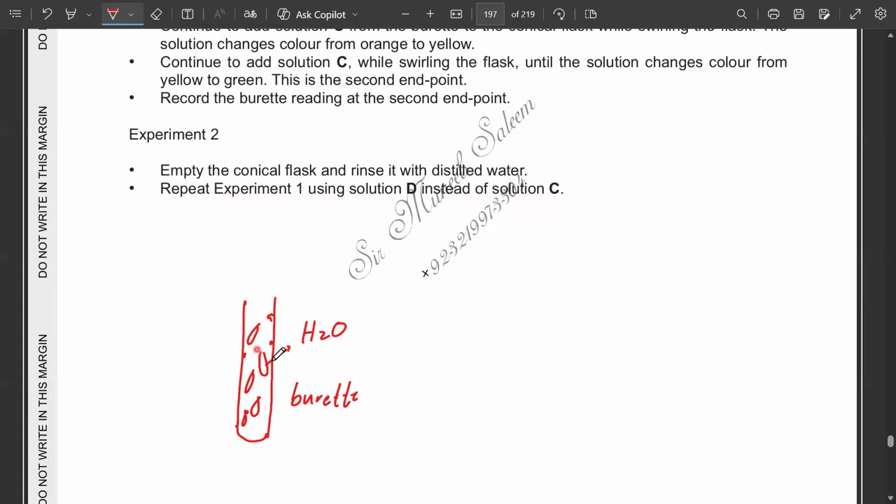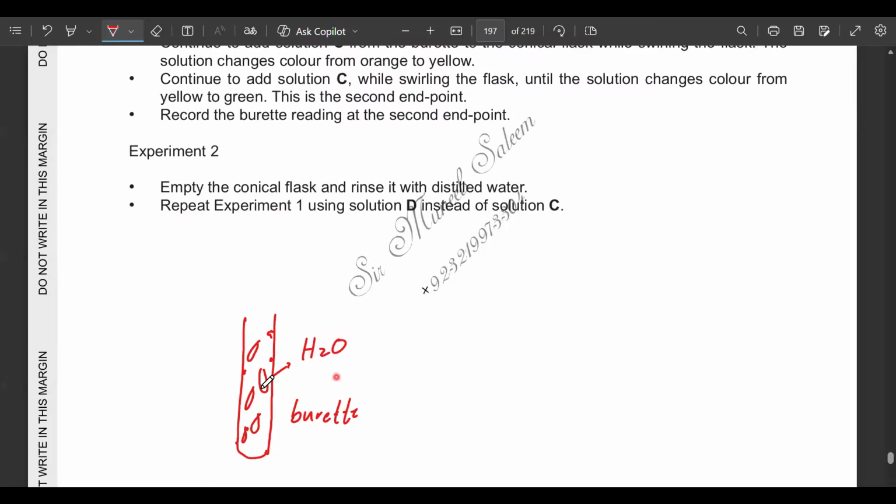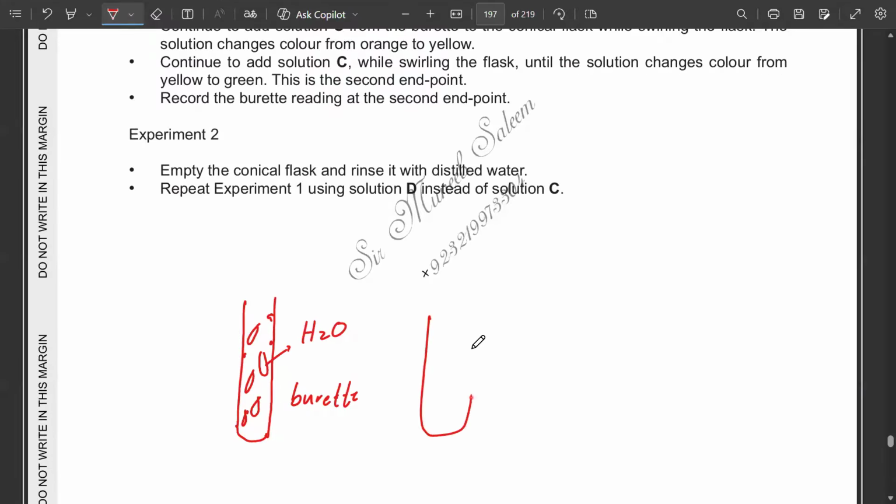So what happens if you do not rinse with solution C? As a result, you will require more amount of the solution C for the reaction, because the H2O was also there in the burette that was dissolved in the solution C.